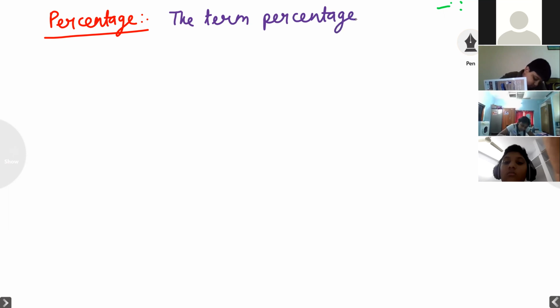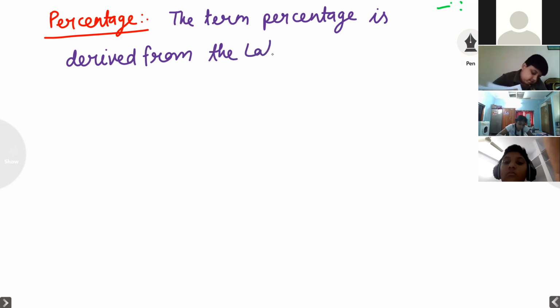The term percentage is derived from the Latin word percentum.